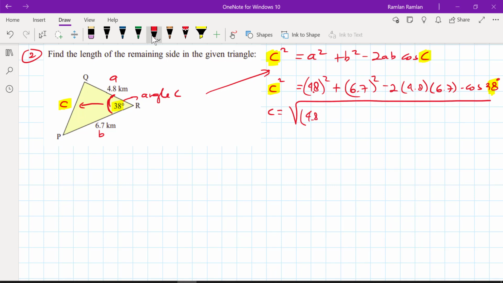It'll be 4.8 square plus 6.7 square minus 2 times 4.8 times 6.7 times cosine of 38 degrees. If you use a calculator, you get 4.15 kilometers. That's it.